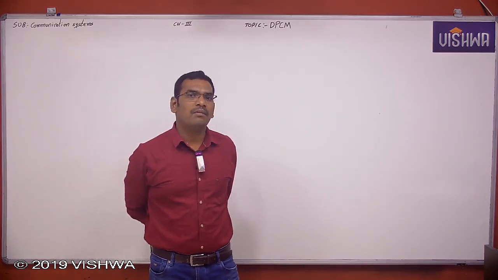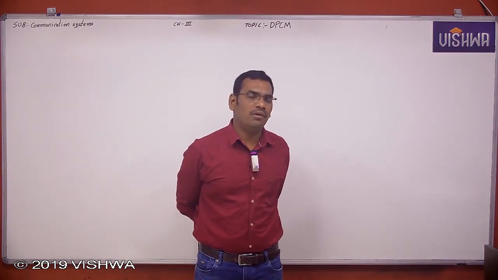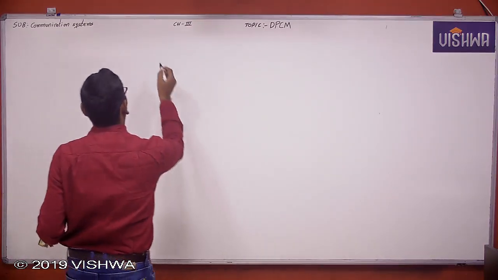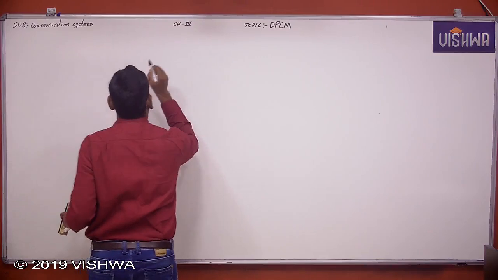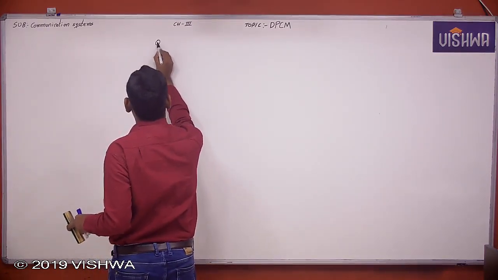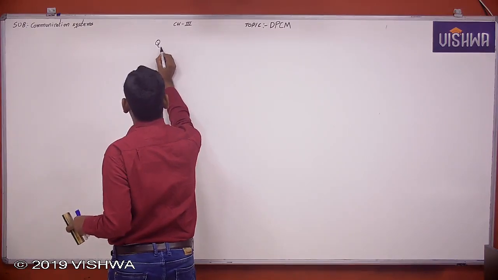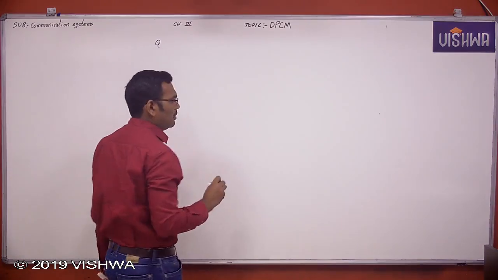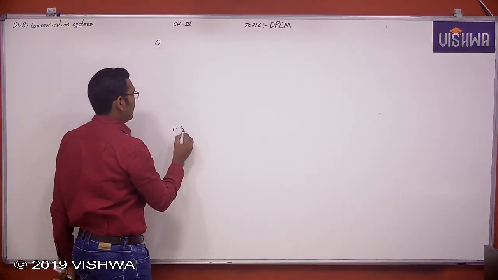So what is the problem which we are facing in pulse code modulation? When the sampled signal is passing through the quantizer, the quantizer output is a rounded off value. For example, 1.8 will become 2.